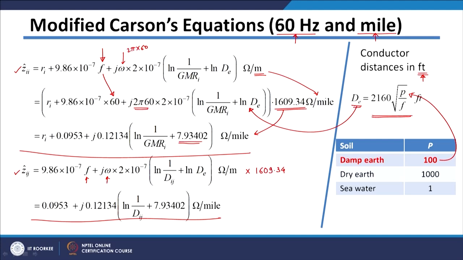When you are using this formula, this GMR should be in feet as well as the distance dij, because we are considering d in feet. So, whenever we are considering d in feet, you have to use the distance dij in feet itself. This is how we can get the expressions for self and mutual impedances of distribution lines at 60 hertz and mile unit.